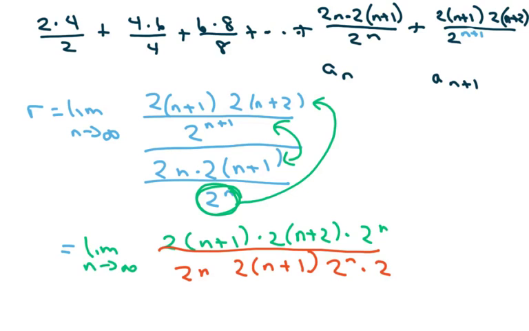Now, crossing things out, that's why I never distribute it. We can cross some things out, and we're going to get this cancels, the 2's cancel here, the n plus 1 cancels, and the 2 cancels here.